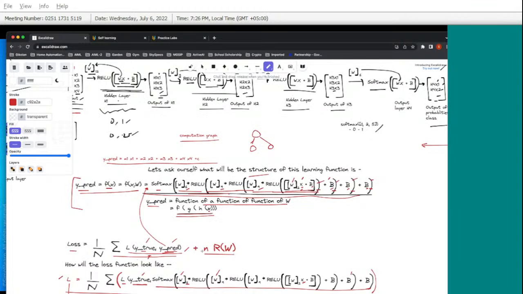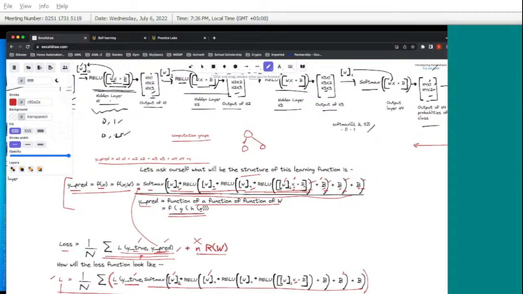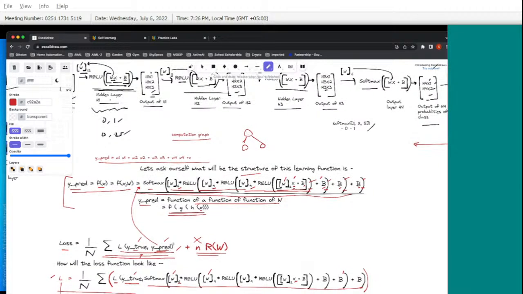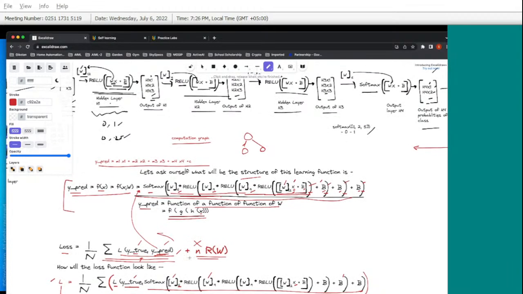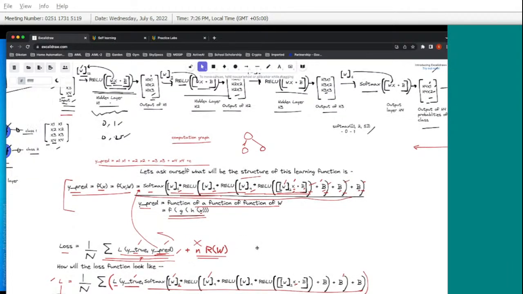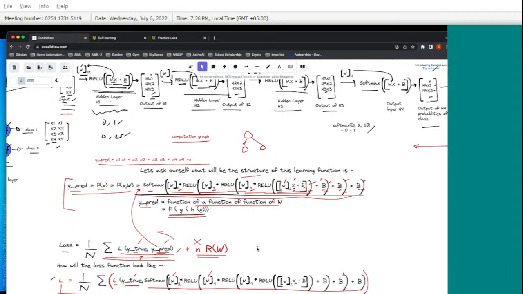If you don't have this parameter at all, think of this particular term in the loss: it is nothing but everything coming from Xtrain. That means you are by default going to overfit if you do not have this term at all, because there is nothing else here. This is all about Xtrain. So you must add a regularization parameter to ensure that you don't overfit, right? That's the intuition behind it.